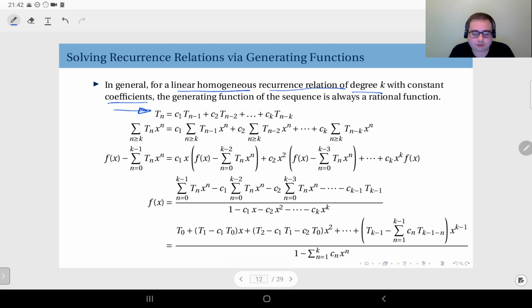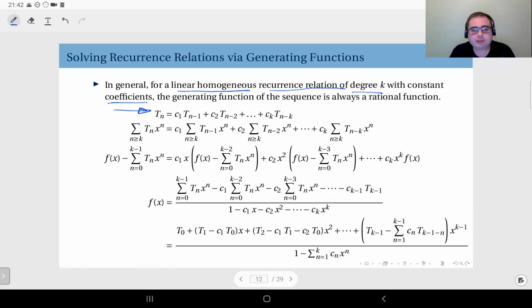So Tn equals C1 Tn minus 1 plus C2 Tn minus 2 plus dot dot dot up to Ck Tn minus k. So this is the general case for a linear, homogeneous, constant coefficient recurrence relation with degree k.